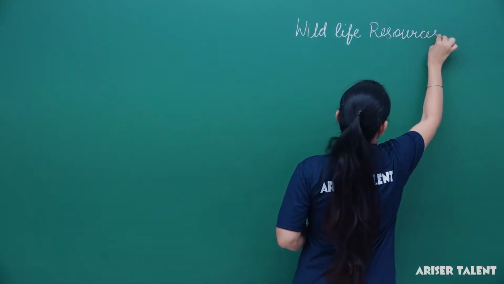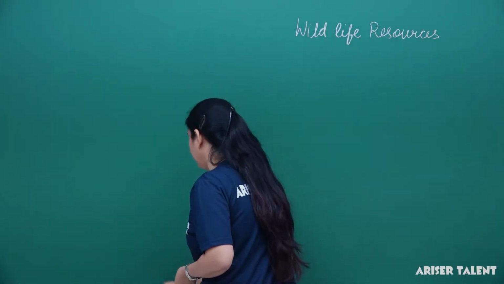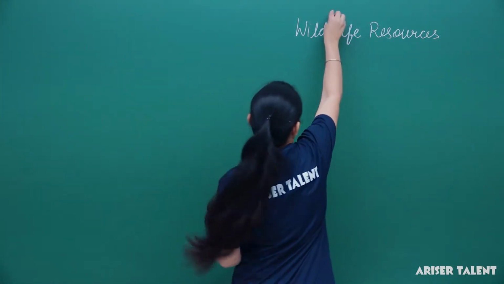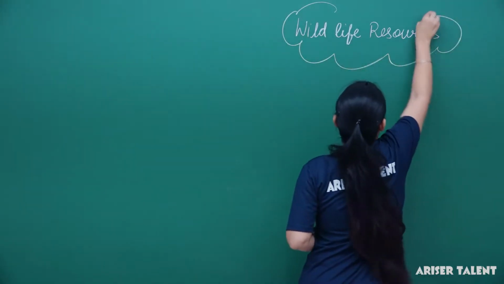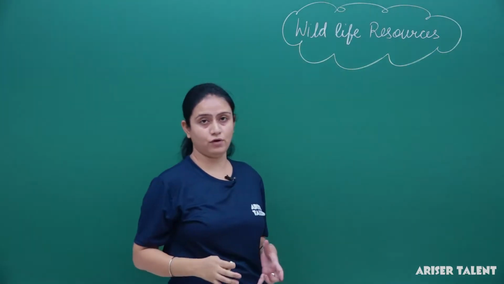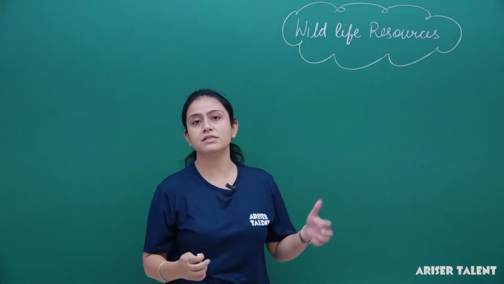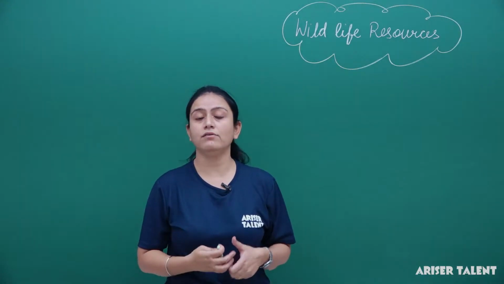So here we will know about what are wildlife resources. Okay, first of all, what do you mean by wildlife? Life in any form which exists in its natural habitat, like plants and animals, they are known as wildlife. Okay, and whatever we are getting from these wildlife, that is known as resources.